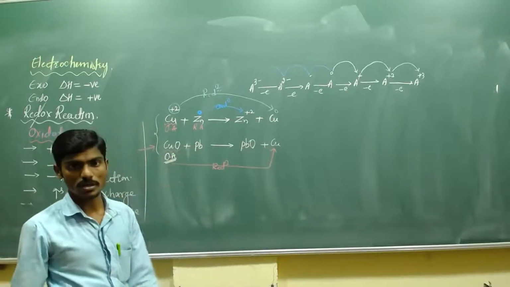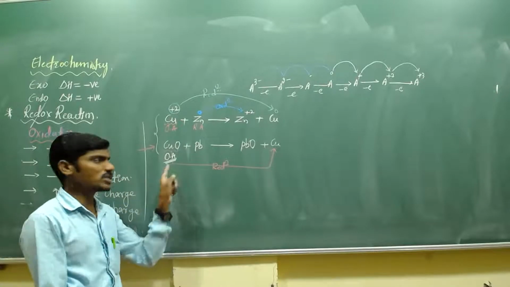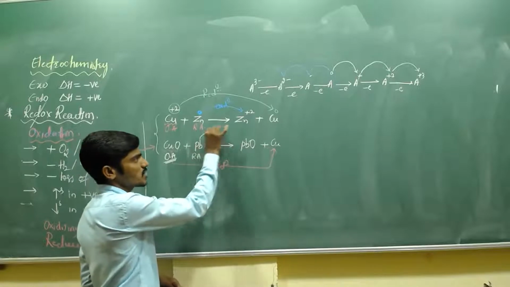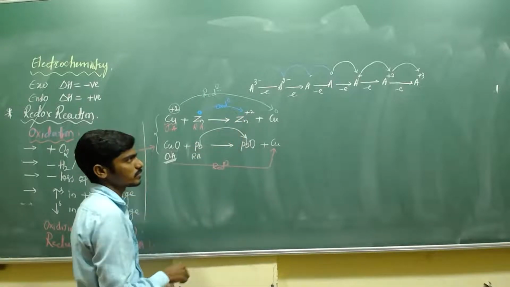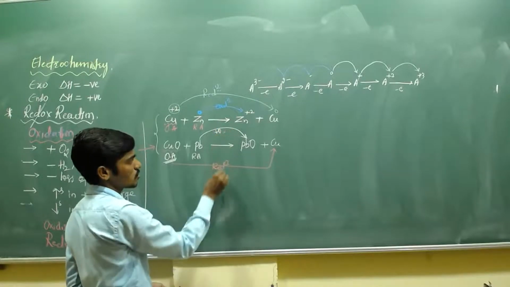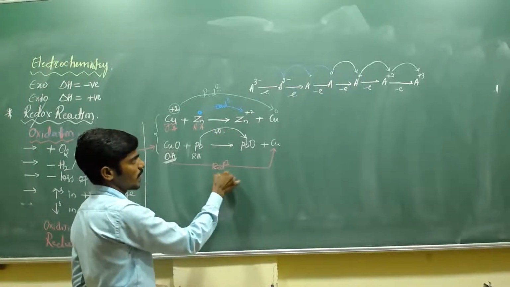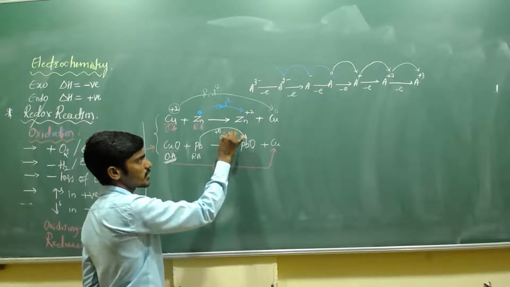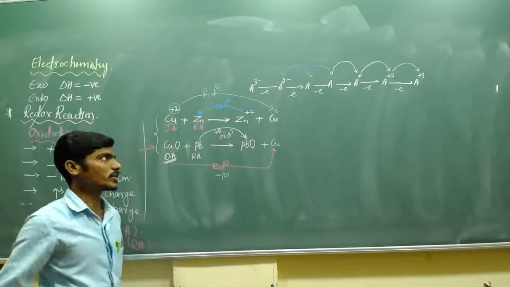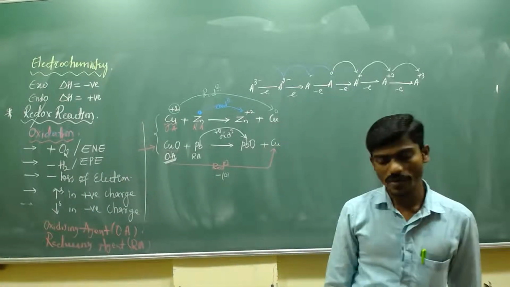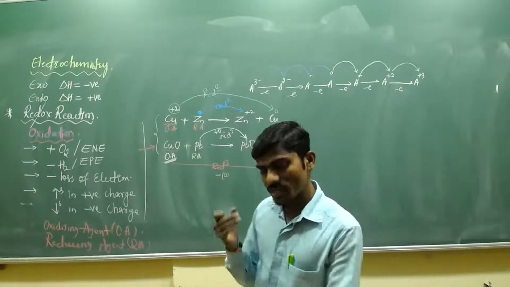If one is the oxidizing agent, then the other is 100% the reducing agent, and it must undergo oxidation. Lead gains one oxygen, so this process is oxidation and lead is the reducing agent. So in reactions, we can identify the oxidizing agent and reducing agent.